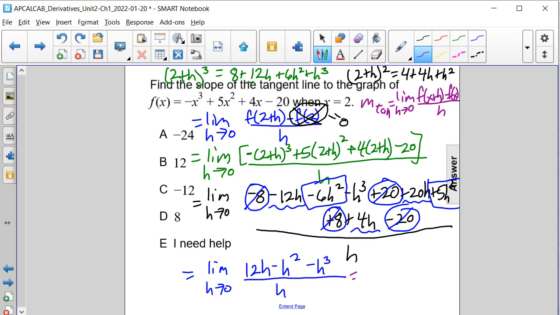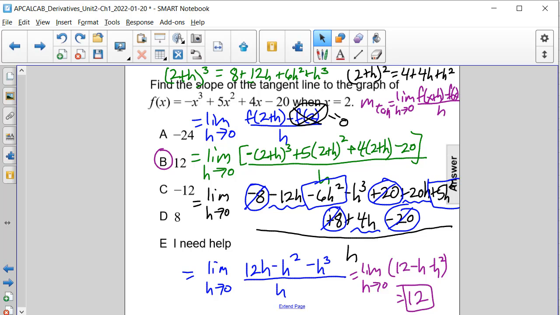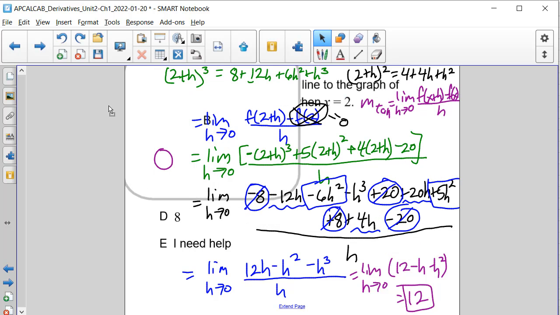And that is equal to the limit of 12 minus h squared, and that's as h approaches 0, and now we can use direct substitution, and we'll have 12 minus 0, which is equal to 12, or answer choice B. That is the slope of the tangent line when x is 2.